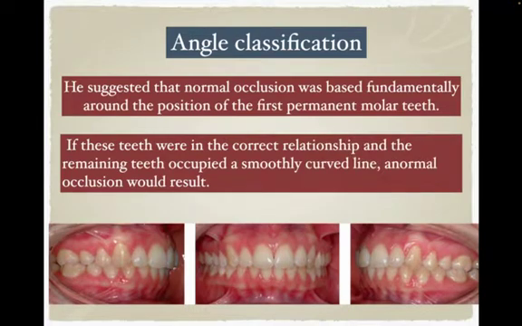If there was a correct relationship between the molars on both sides, there would be a smoothly curved line and normal occlusion would result. Simply put, put the first molars in a class 1, and this is still valid until now. If you put your first molars in a class 1 and then align the teeth, the malocclusion will be resolved and we will have a normal occlusion.